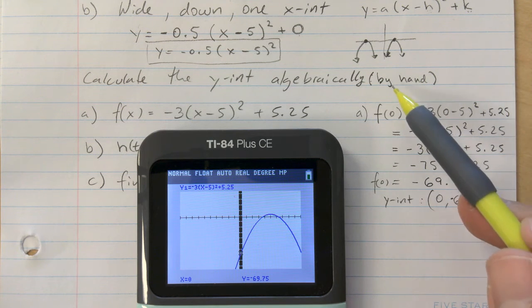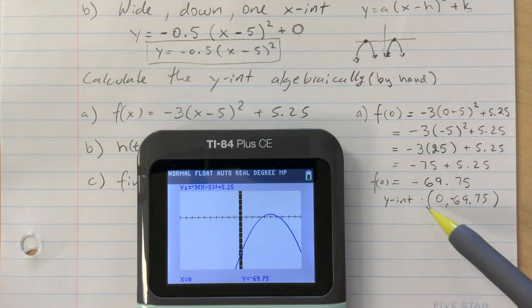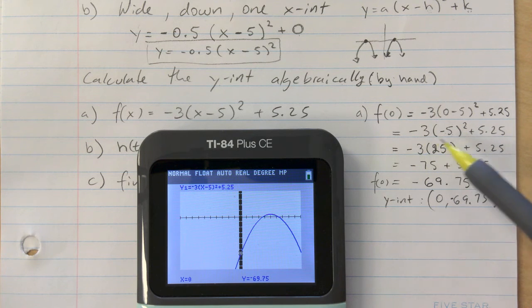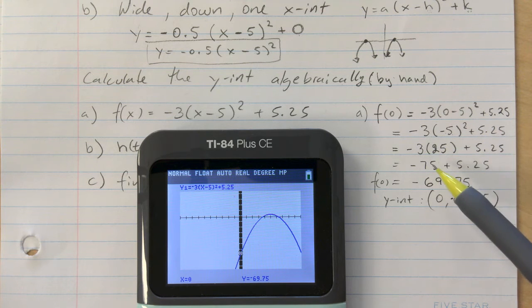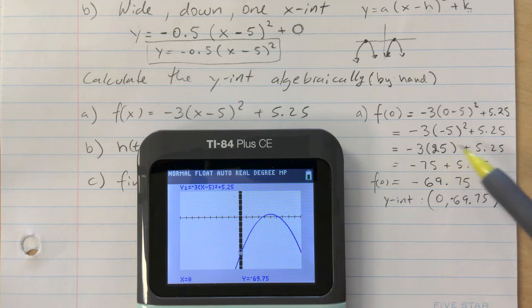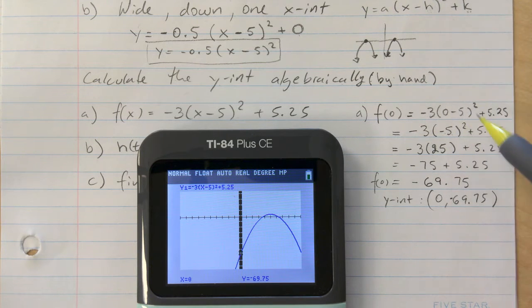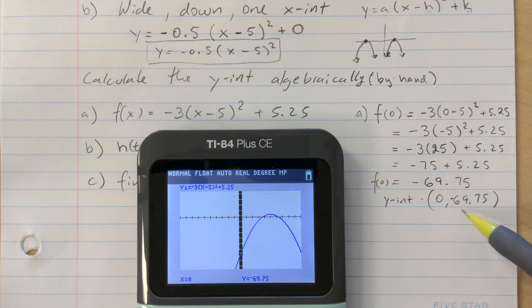But when I say by hand or algebraically, you have to show these steps, okay? Could you have skipped? Could you have gone from here to here? Yes, I would have been okay with you skipping like one line maybe. But show how you substitute, then show one line where you have them separated, and then you add them up, right?